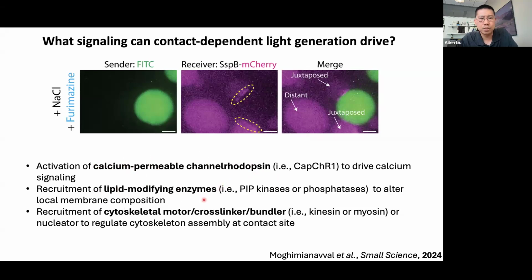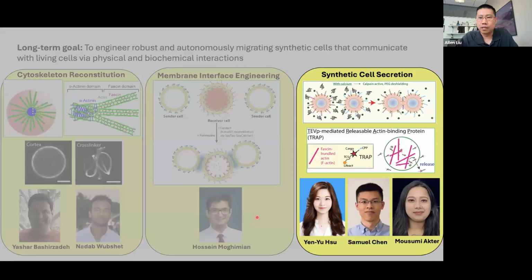Another idea is to use the system to drive the translocation of a lipid modifying enzyme, such as PIP kinase or phosphatases, and that can alter the local membrane composition. And finally, you can also imagine using the system, the optogenetic response, to recruit cytoskeleton motor proteins or cross-linker bundles.